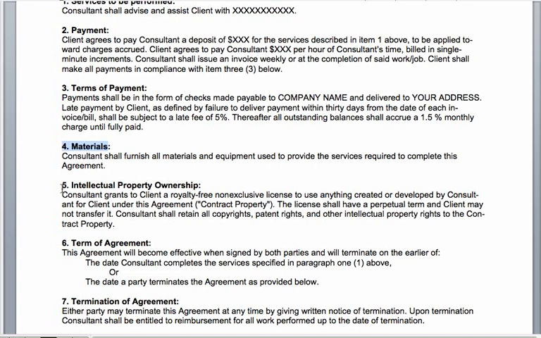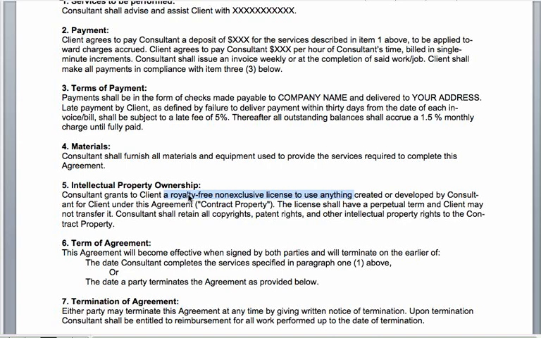Intellectual property ownership. This is important if you're going to be providing any documents or intellectual property of any sort. And what this wording here says, or another way to translate this, is when it says you grant the client a royalty-free, non-exclusive license to use anything you've created for them.